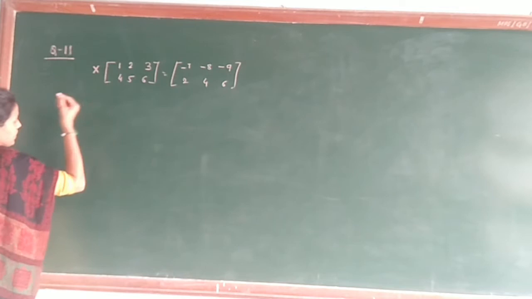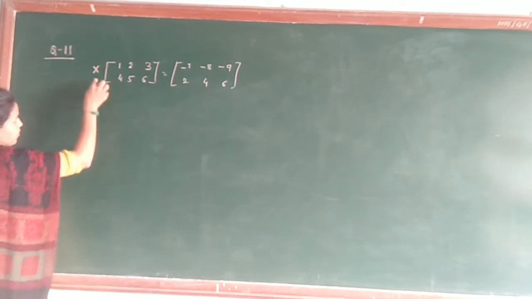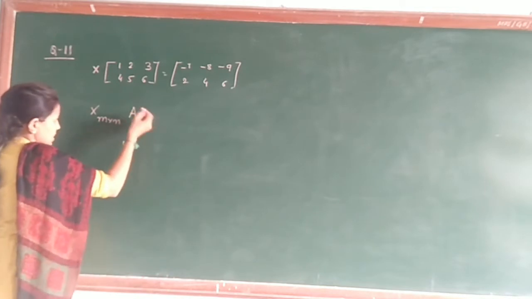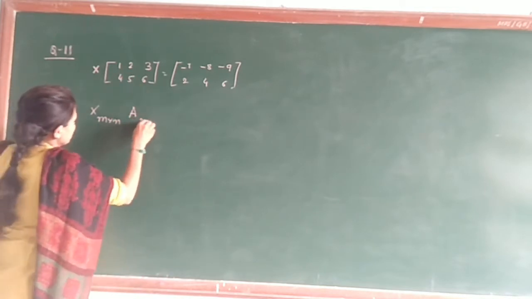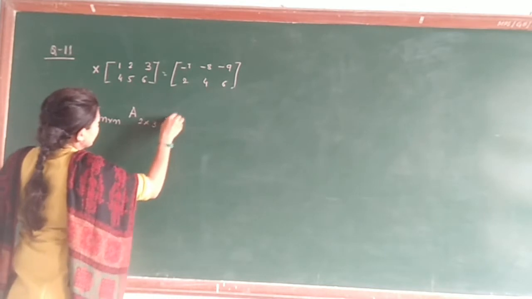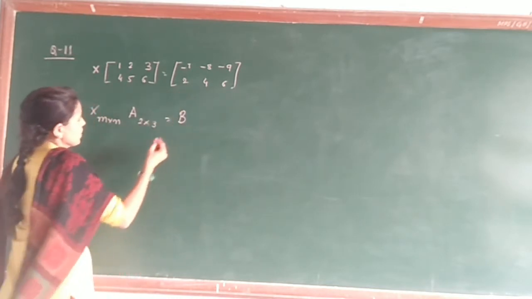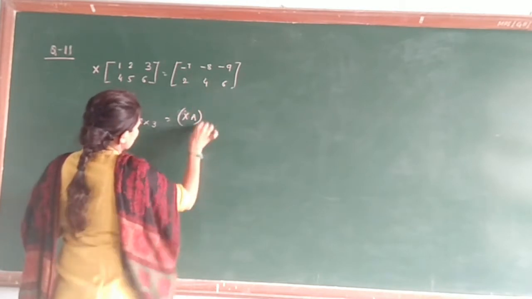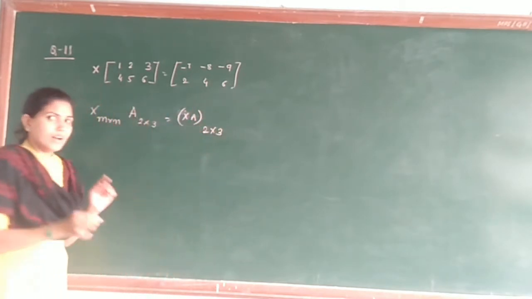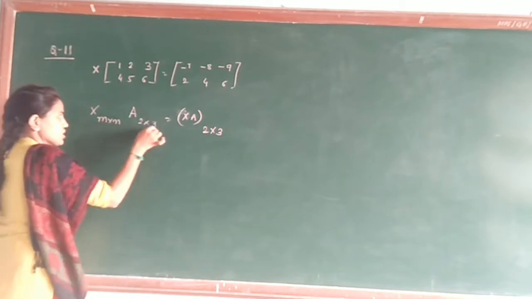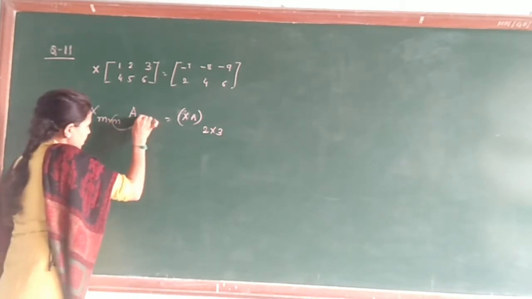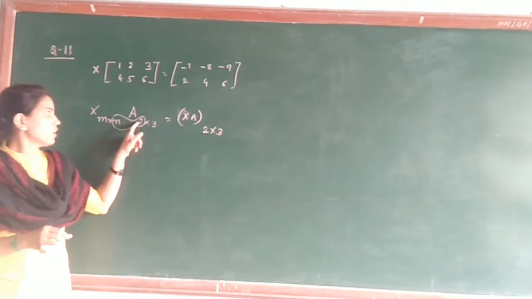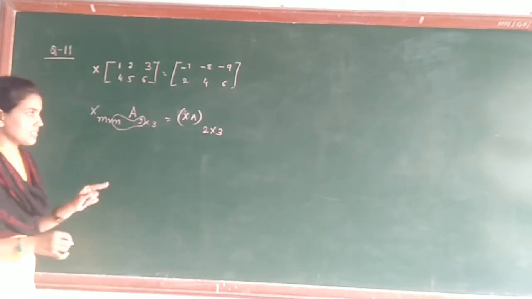Suppose X is of the order m cross n, and suppose this is the matrix A of the order 2 by 3. This is the product matrix XA, which is 2 by 3. Multiplication is only possible when the columns of the first matrix equal the rows of the second matrix.